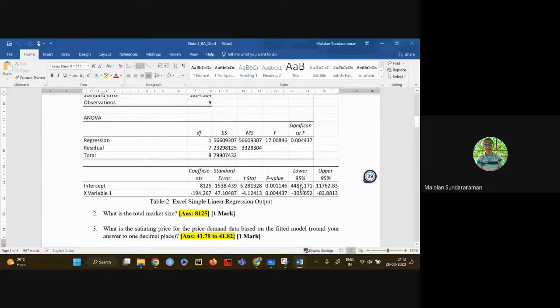So this is basically the interval over which the coefficient should fall. If the mu falls within this range, then I do not reject the null, else I reject the null.